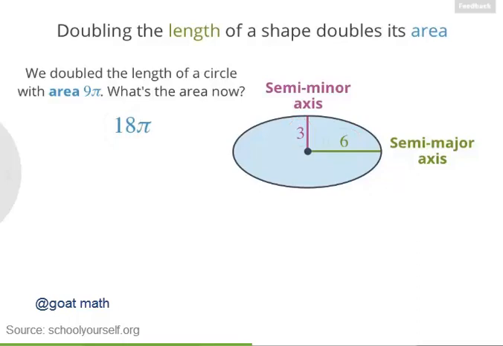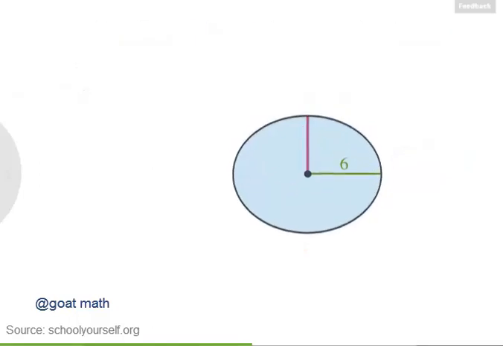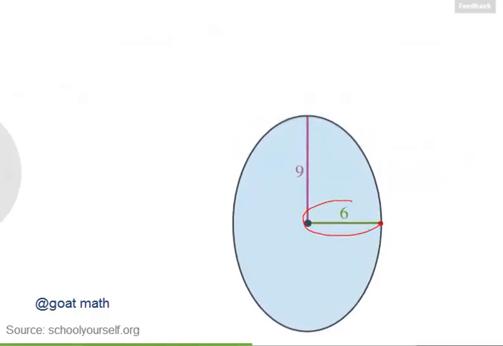Very interesting. Let's stretch this ellipse again, but this time in the vertical direction, and let's stretch it by a factor of 3. So this length is still 6, but this purple length, which used to be 3, is now 9. Since the purple segment is now longer than the green one, this is technically the semi-major axis, and this is the semi-minor axis.